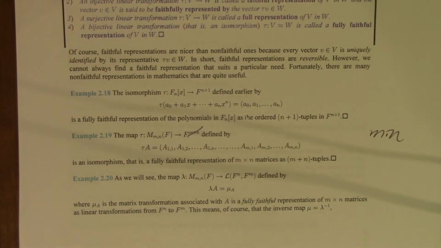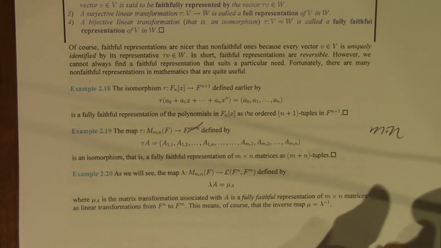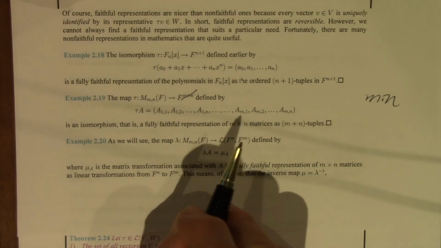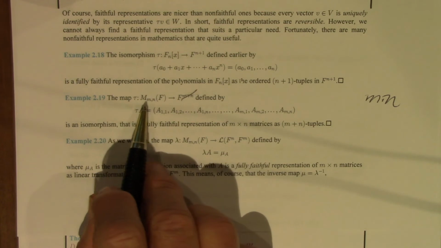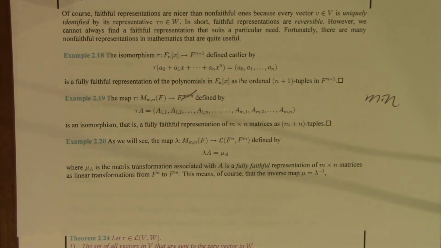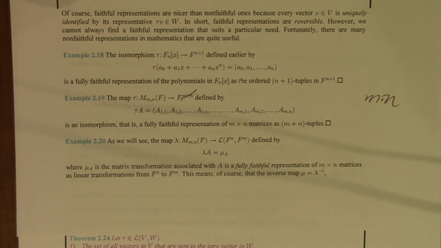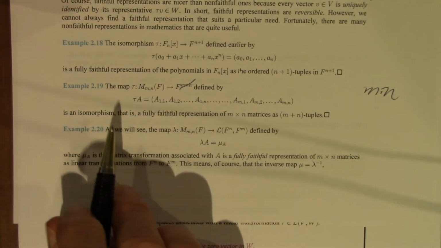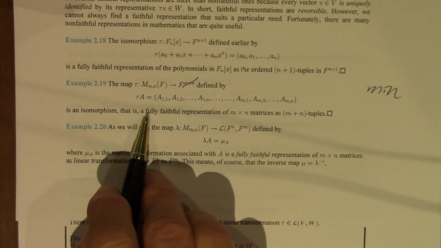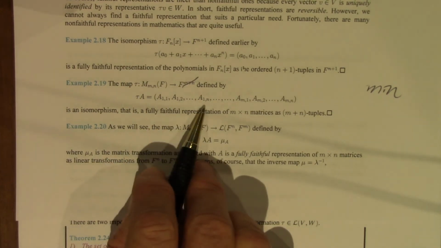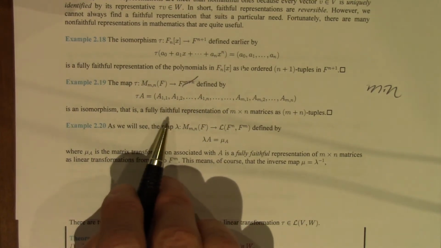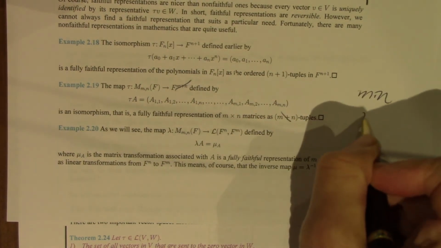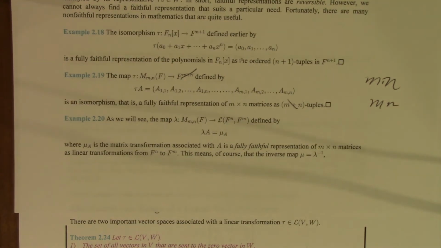Nobody ever said a mathematician can do arithmetic. Whoever said that didn't know any mathematicians. Okay, a matrix of size m by n, of course, has m times n entries. Anyway, this is an isomorphism, and therefore a fully faithful representation of matrices as mn tuples.